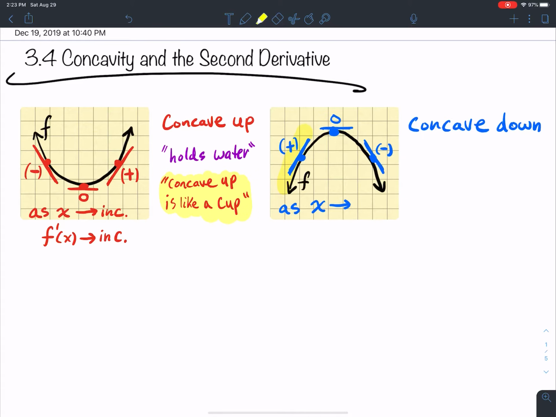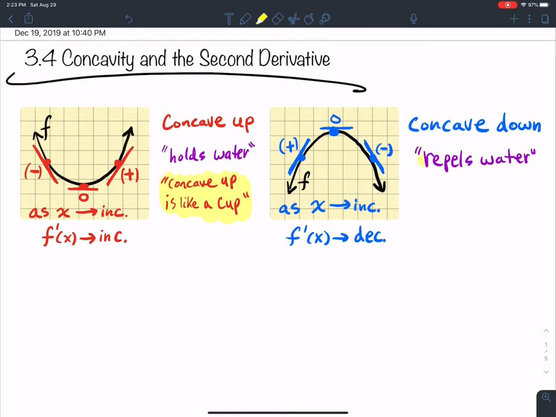So as x increases, my derivatives go from positive to 0 to negative, so they're getting smaller, they're decreasing. So as x increases, the derivative decreases. Okay, so this is the opposite of concave up. Instead of an increasing derivative, the derivative is decreasing as x increases.